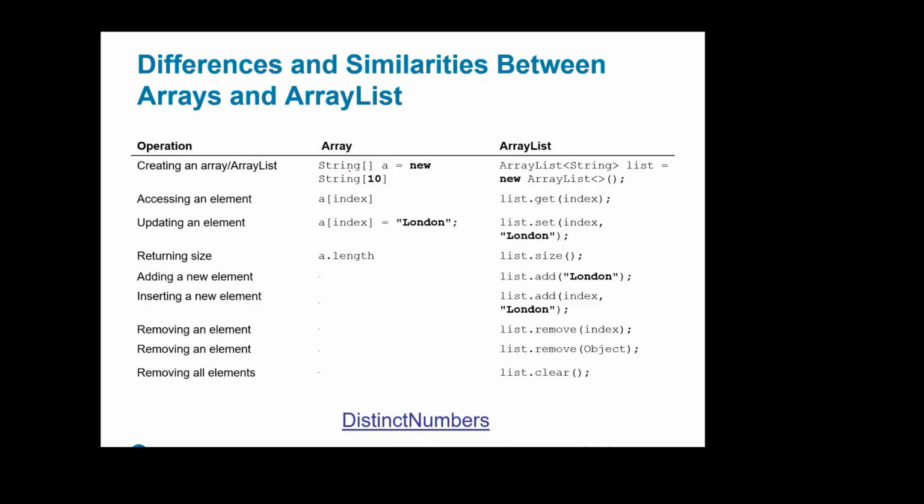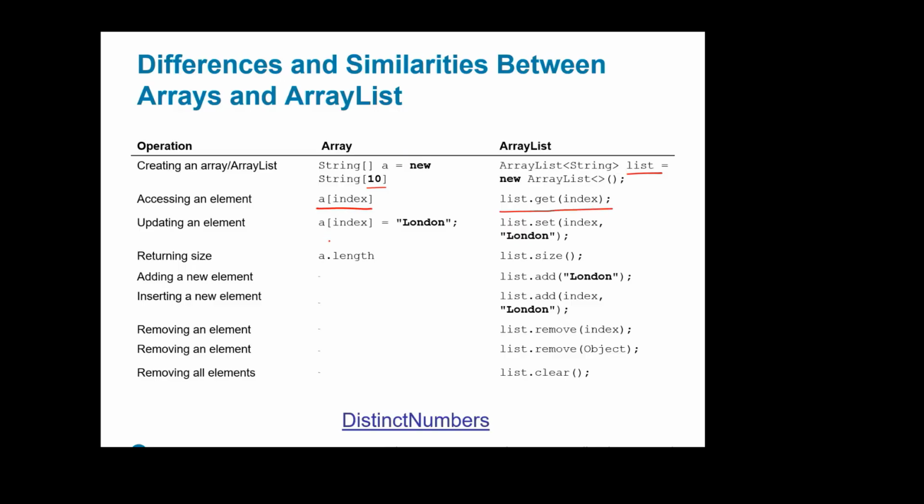So in array, we saw that String A is equal to new String 10. Here we just create the object list. And then if we want to get a value at a particular index, we can access it. That is easy. Accessing in an array is easy. You can just say A and index. Similarly, in list, you say list.get(index).